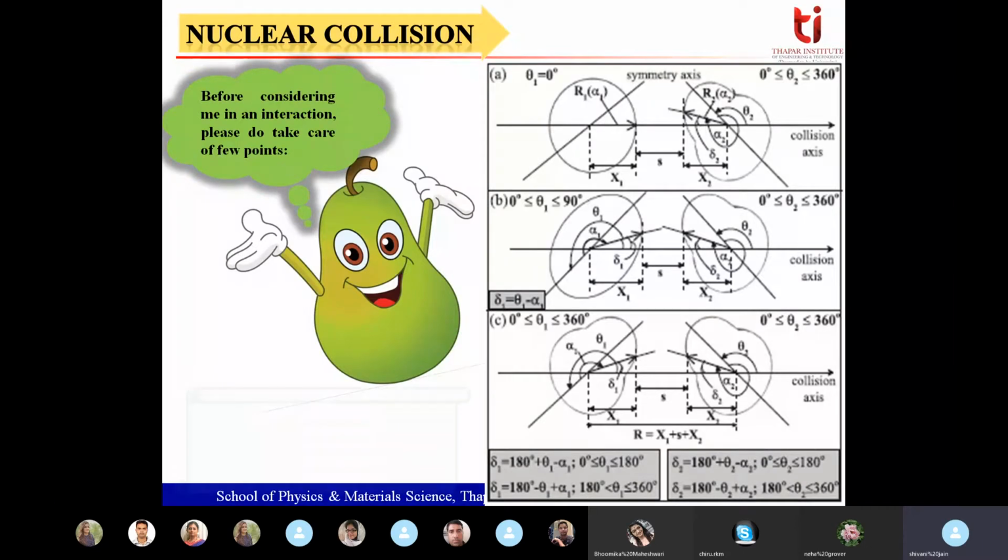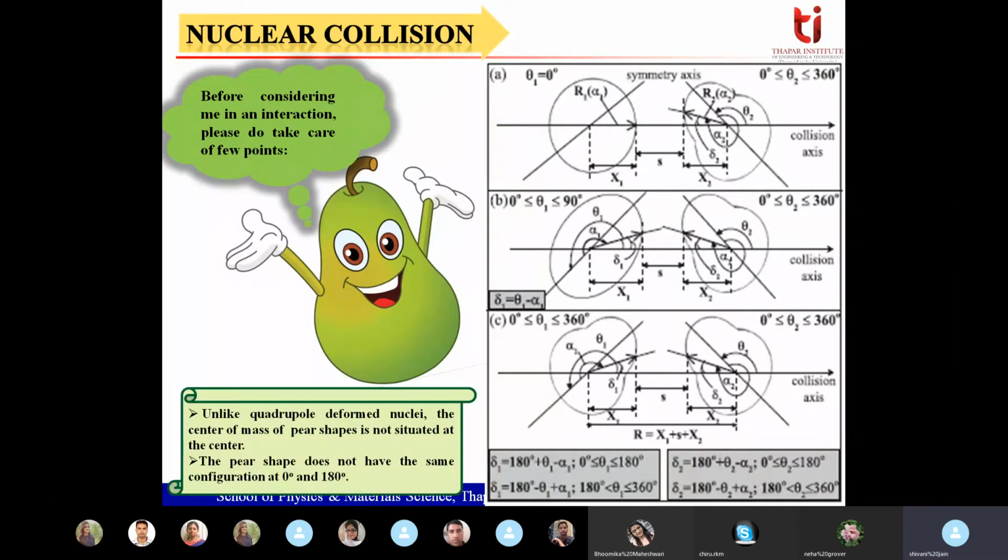Now, what are those? Unlike quadrupole deformed nuclei, the center of mass of pear shapes is not situated at the center. That's why the configurations of pear shape at 0 and 180 degrees are not the same. So these are the points which we should take into account while considering octupole deformed nuclei.